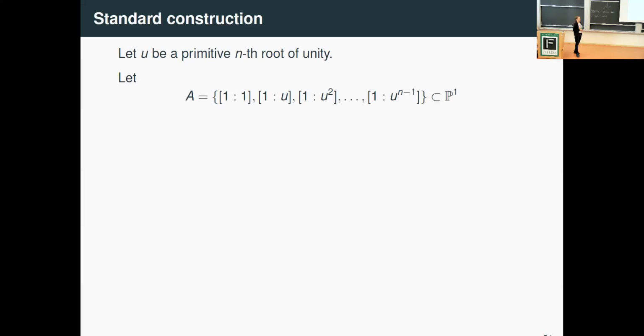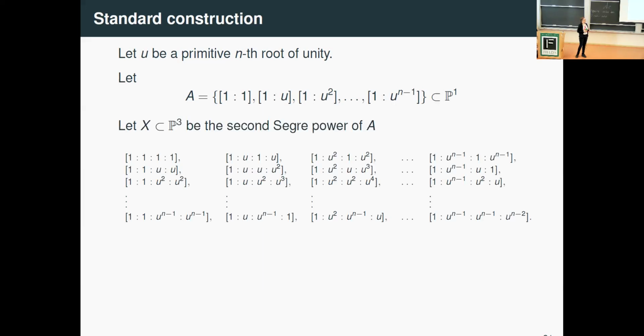The construction goes like this. We take the primitive n-th root of unity u, and we take the set of points in P1 which consists of the points (1, 1), (1, u), (1, u squared), and so on, up to (1, u to the power n minus 1). And now we construct the product of these points. So we look at the points as row or column vectors.